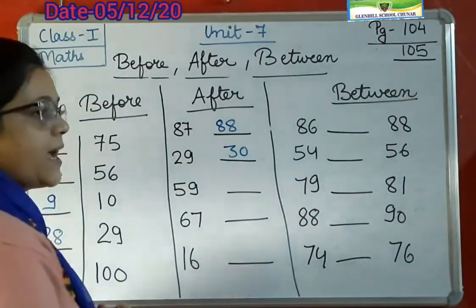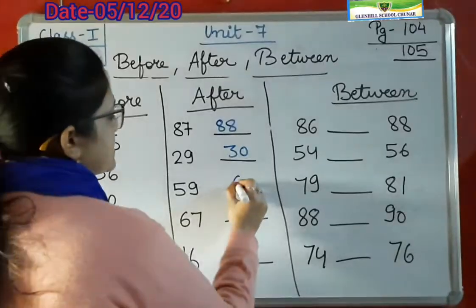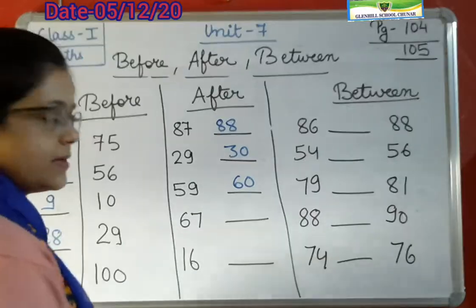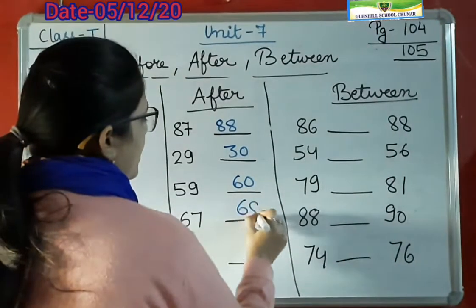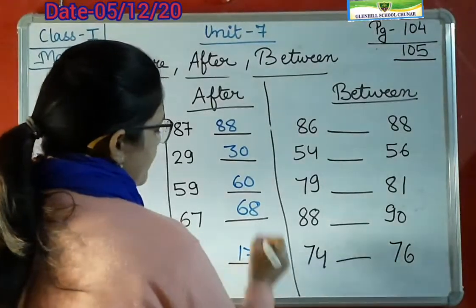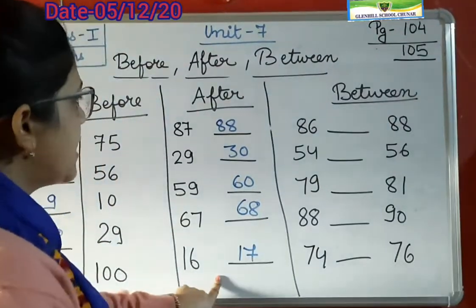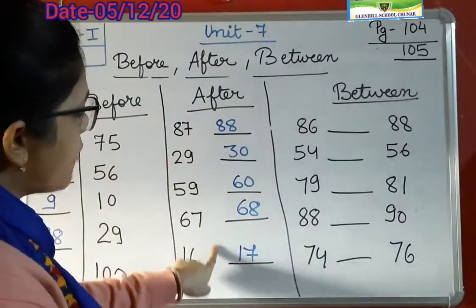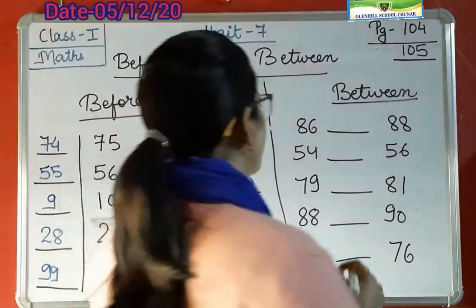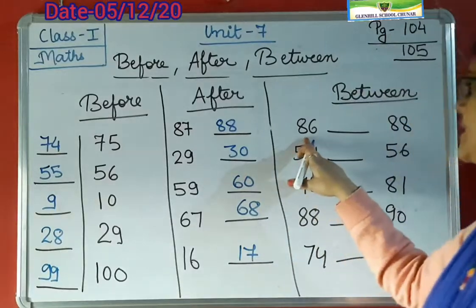After 59 is 60. After 67, 68. After 16 is 17. Okay. So these are the numbers which come after.